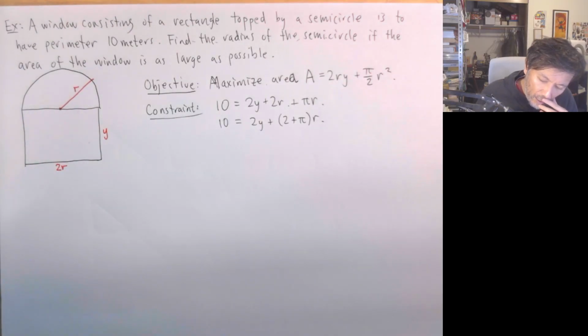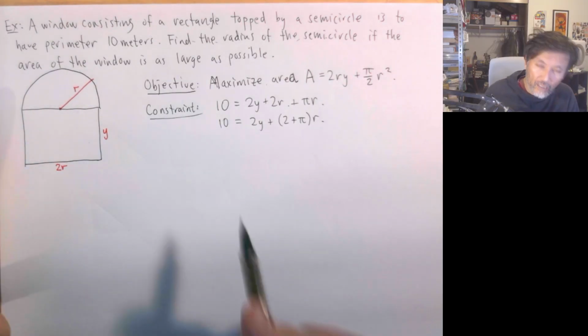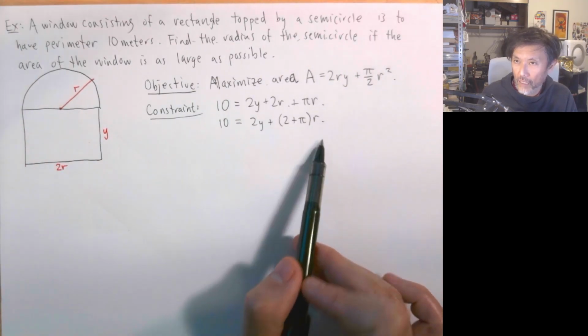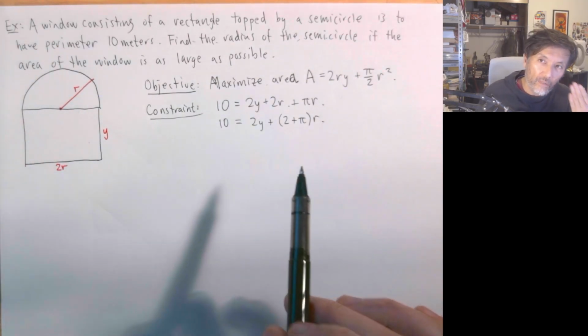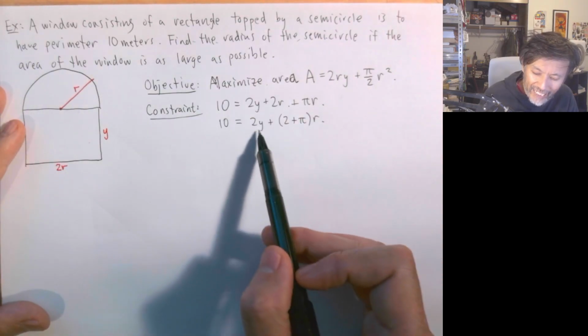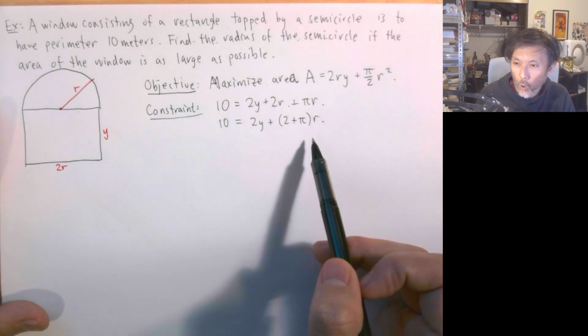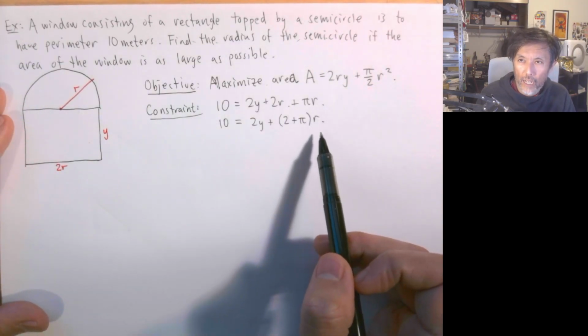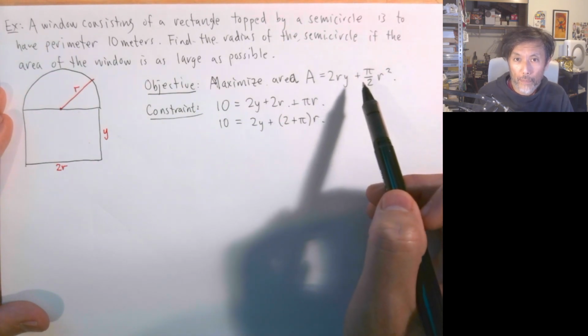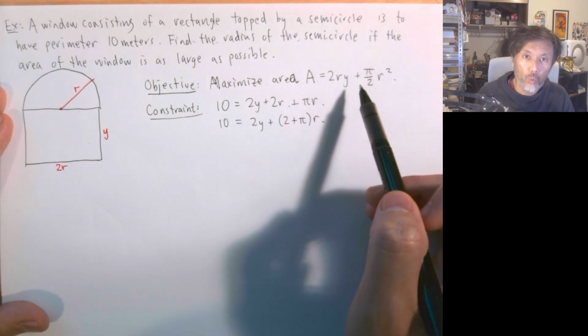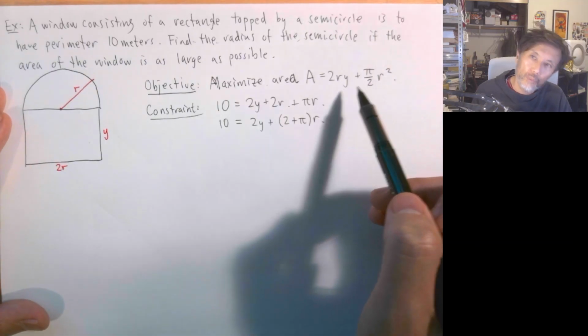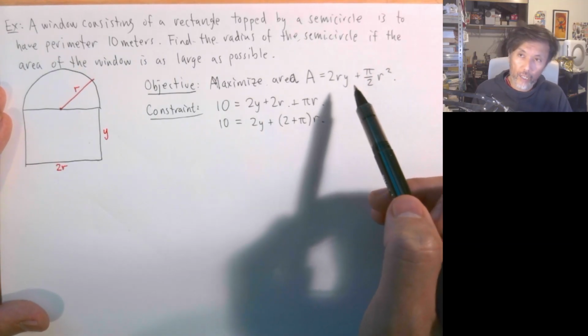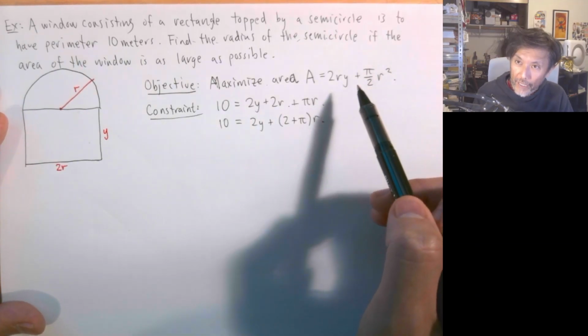Okay. And now I have a choice here. And again, I'm thinking into the future a little bit. I can either solve for y, or I could solve for r. I think it's preferable, at least from my perspective, to solve this for y in terms of r as opposed to r in terms of y. Why?